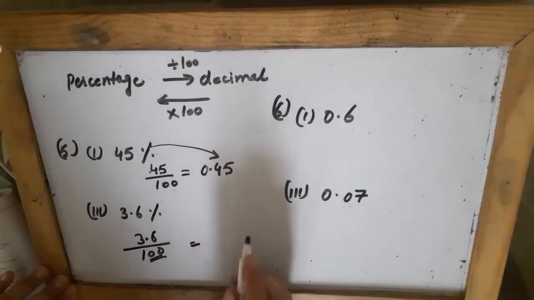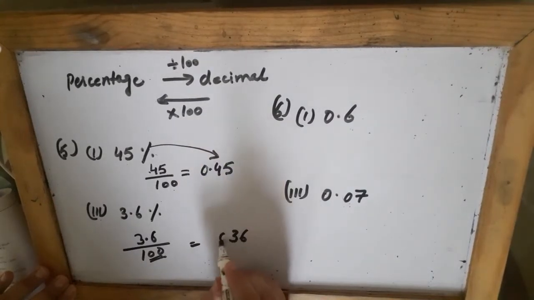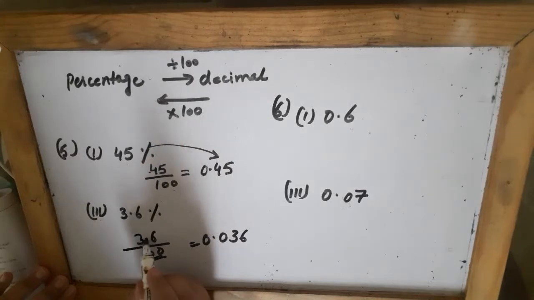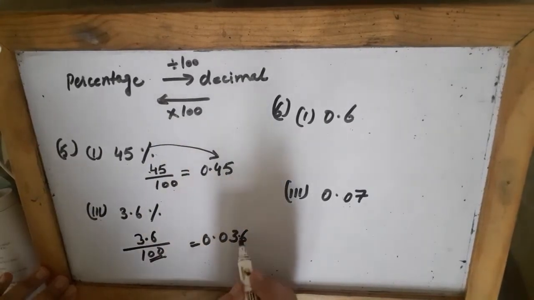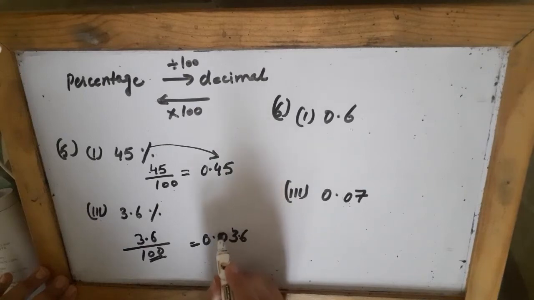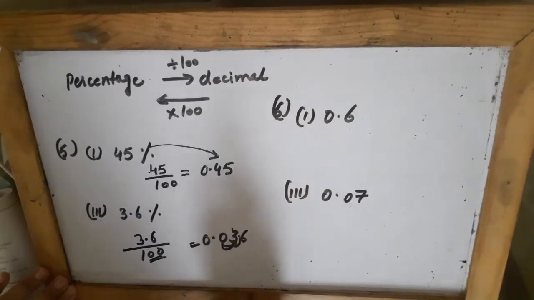It will become 03.6, because this will shift. It was here, it will shift 2 places back because there are 2 zeros, 1 and 2. So it will come here.